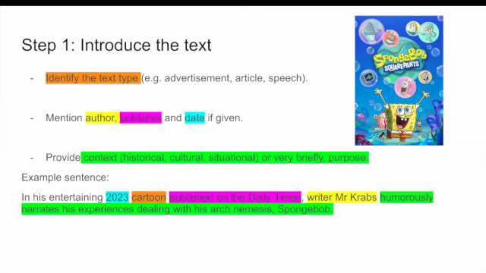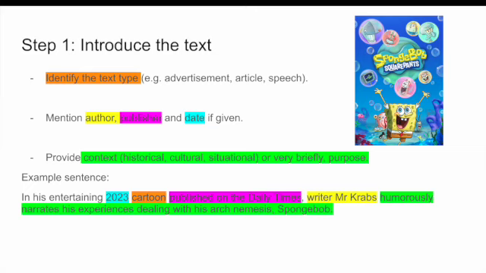So the first step in constructing an introduction is to introduce the text. Identify the text type. So is it an advertisement, an article, a speech? What sort of text type is it? And then next, talk about the author, publisher, and date of publication if that's available.